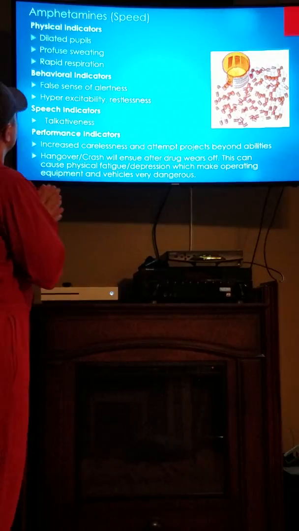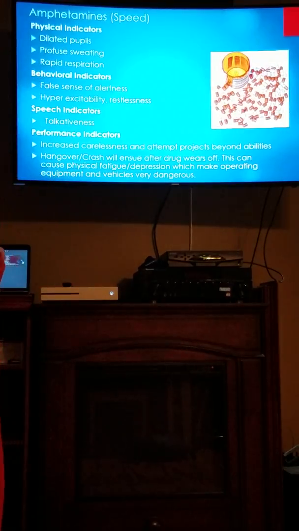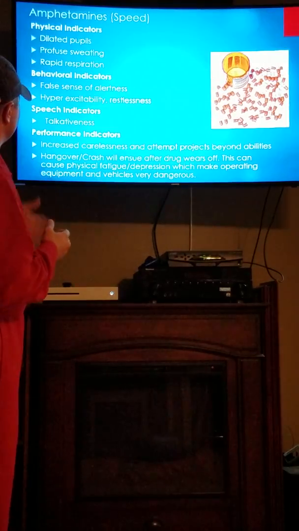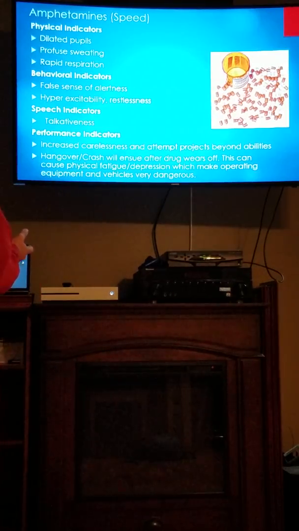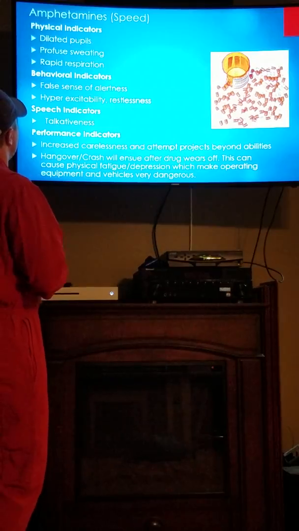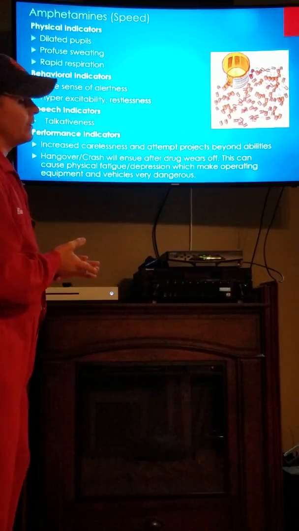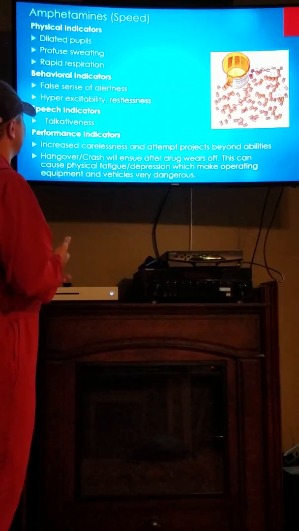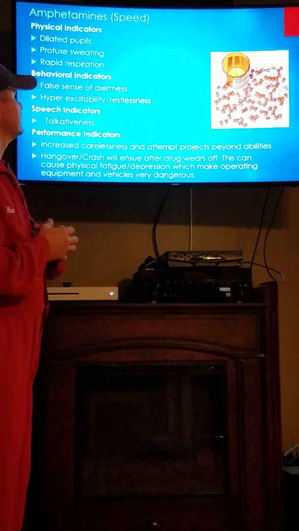Amphetamines is the next category. Some people refer to it as speed. There are different types of amphetamines, but physical indicators are dilated pupils again, profuse sweating, rapid respiration. Behavioral indicators: false sense of alertness, hyperexcitability, restlessness.